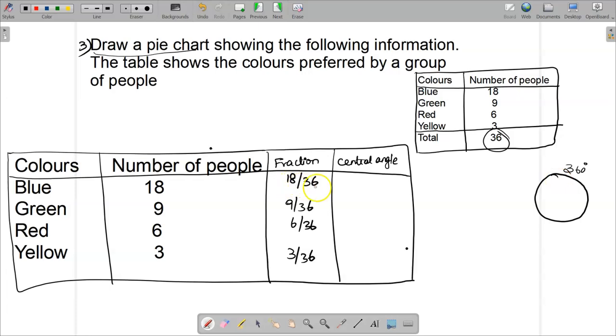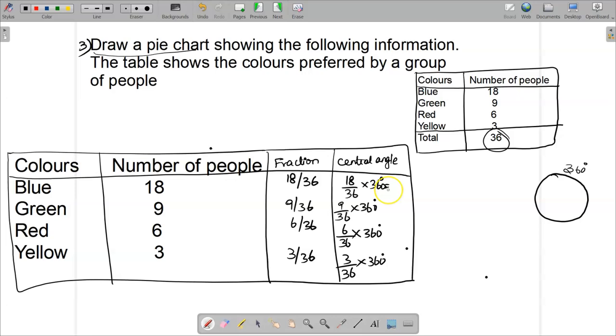So each term we have to multiply by 360 degrees. So 18 by 36 into 360 degrees. Similarly, 9 by 36 into 360 degrees, 6 by 36 into 360 degrees, and 3 by 36 into 360 degrees.